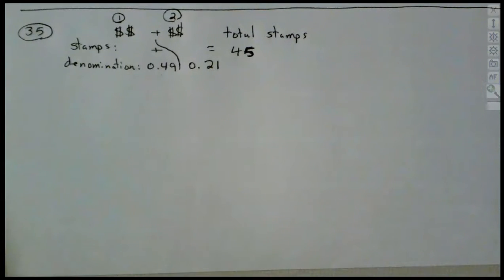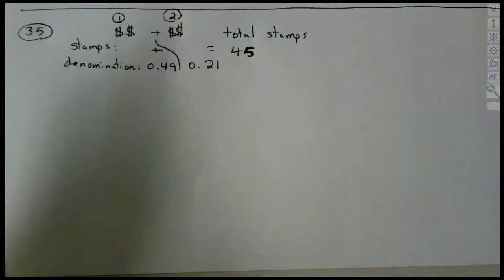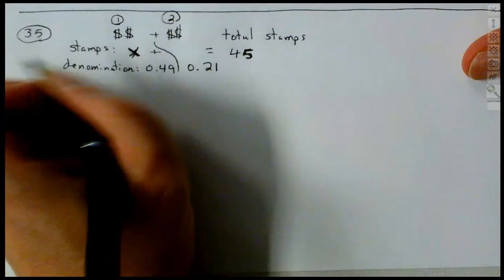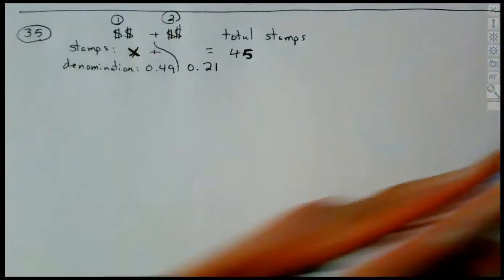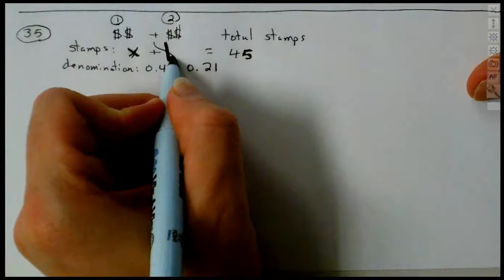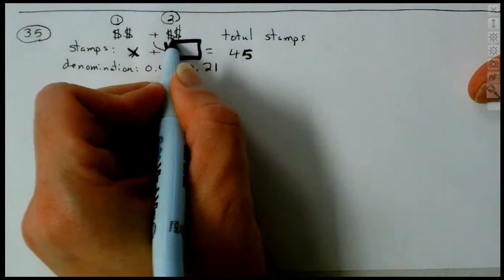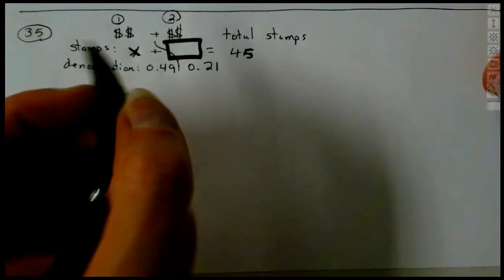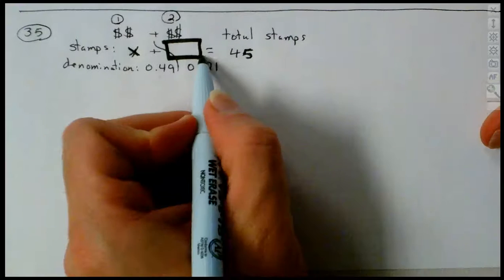Now, do we know how many 49-cent stamps we have? Does it tell us in this question at all? No, we don't know. So if we don't know how many 49-cent stamps we have, we use the variable x. Now, we also don't know how many 21-cent stamps we have. We did one of these earlier.